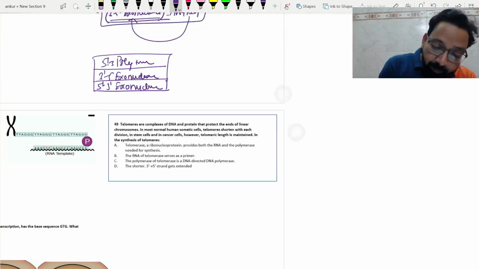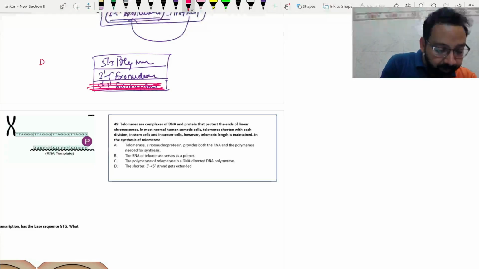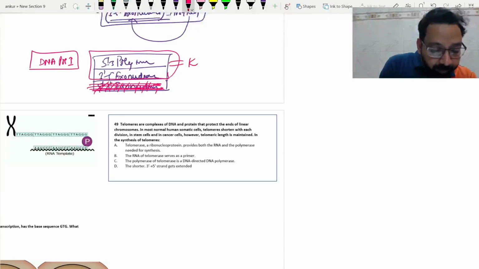If I remove this 5 to 3 exonuclease activity from DNA polymerase 1, the remaining fragment is called the Klenow fragment. This question was asked.